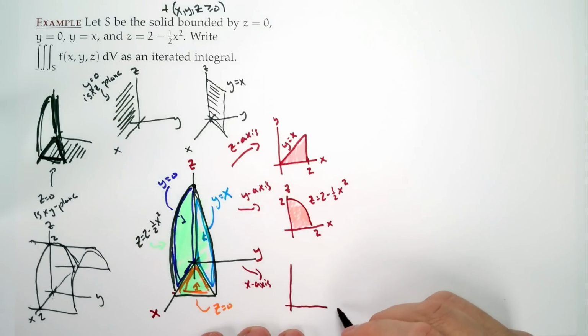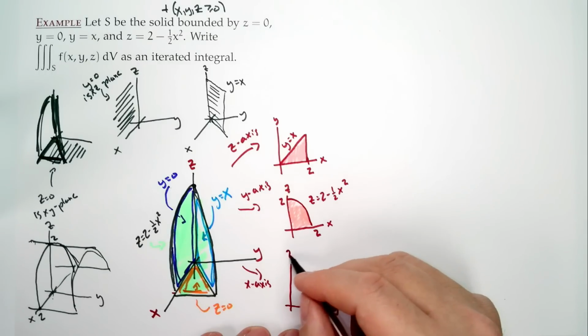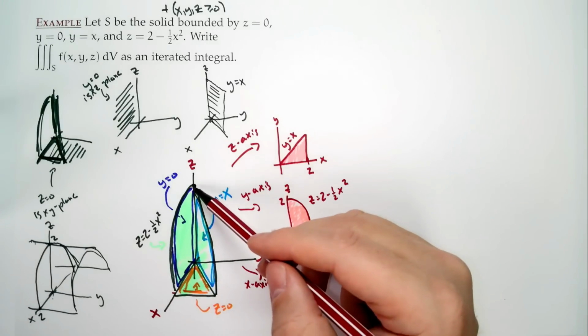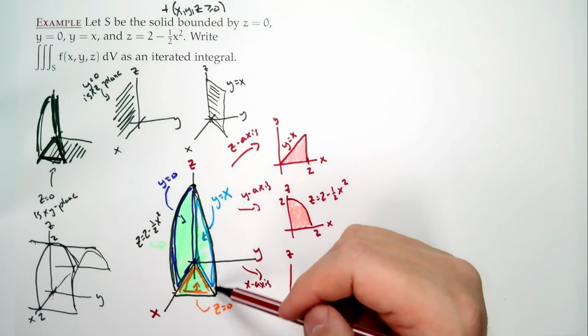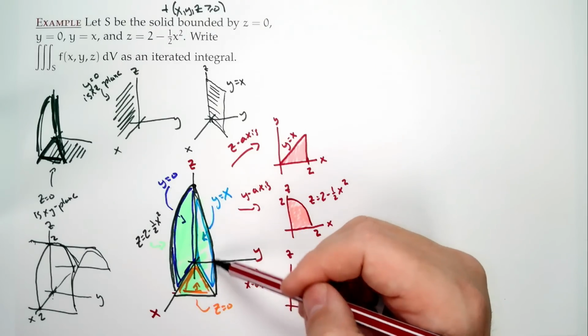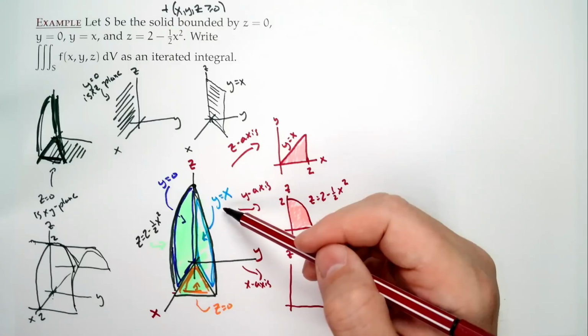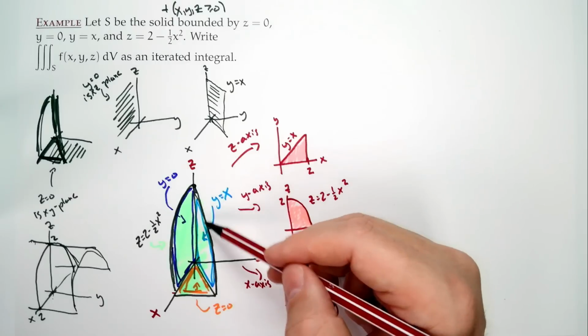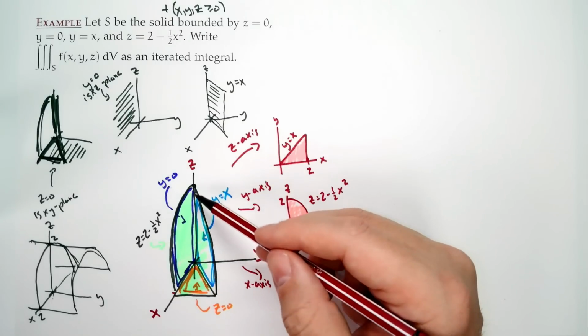So we're in the y and z. And now what you can see here is we have this surface z equals 2 minus a half x squared. It's still z equals 2 minus a half x squared along this line. But notice on this line, we're on the line y equals x. So 2 minus 1 half x squared becomes 2 minus 1 half y squared.